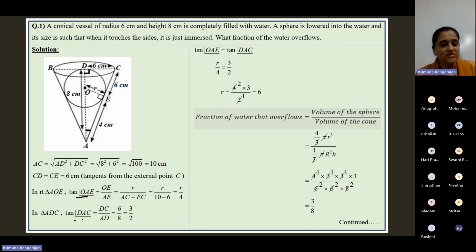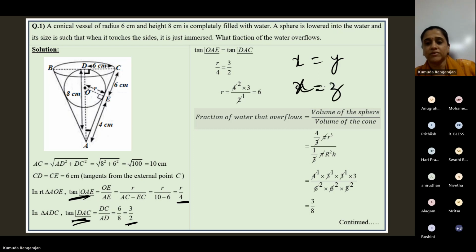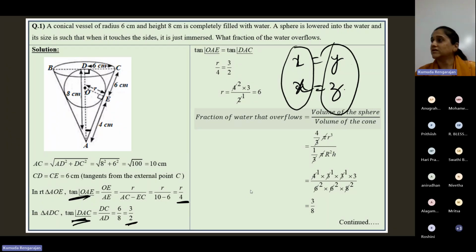See, these two angles are equal, no? This one is equal to this one because it's the same angle. Like if x is equal to y and x is equal to z, these two are the same, so that means y is equal to z.